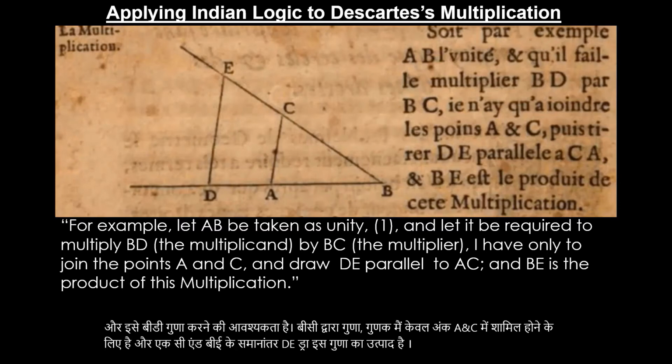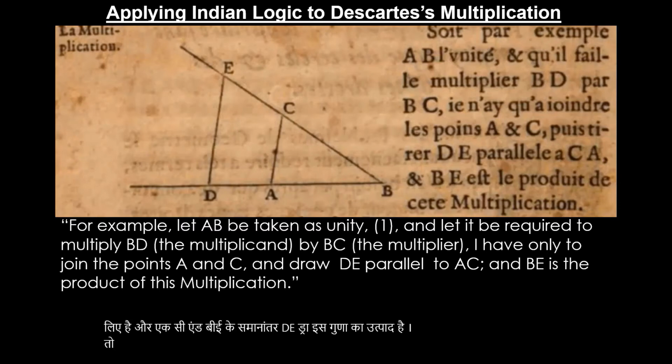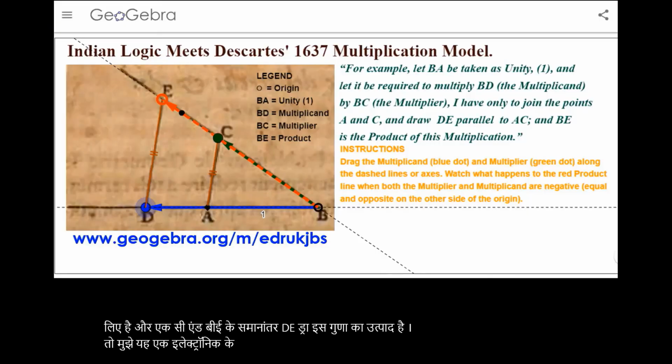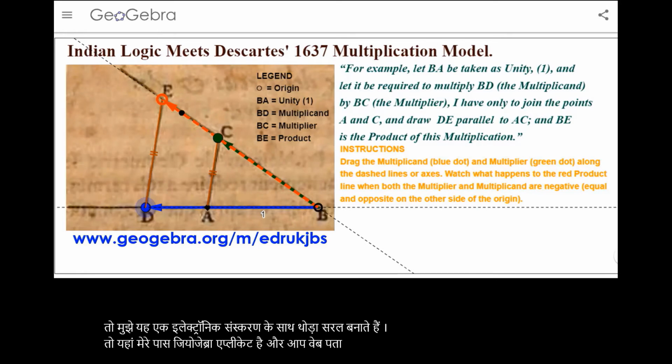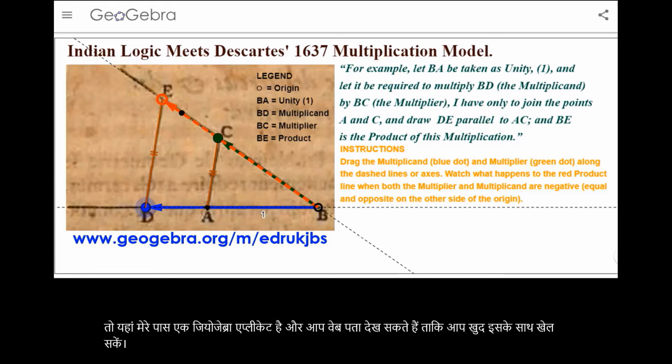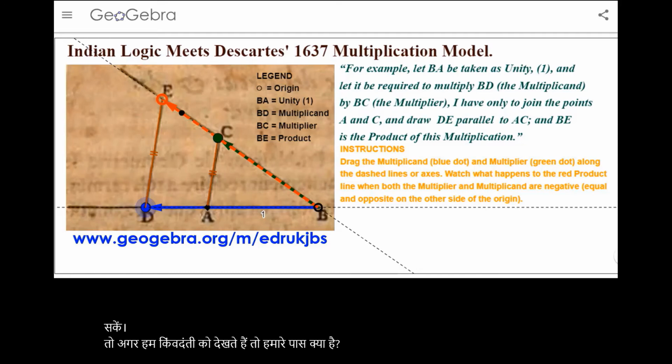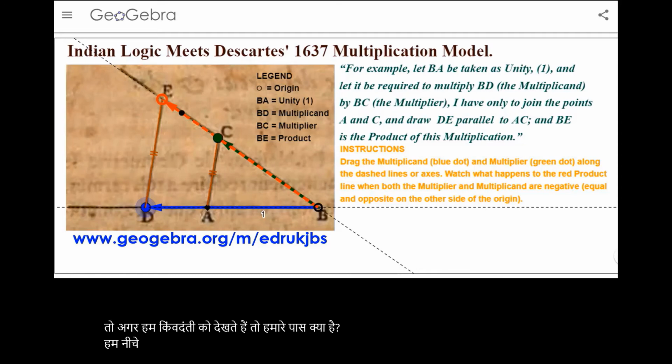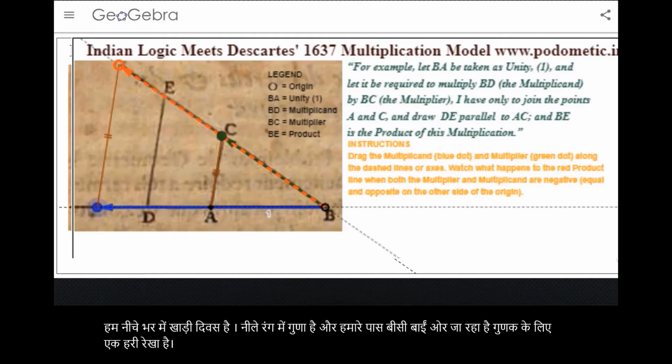So let me make this a little simpler with an electronic version. Here I have a GeoGebra app, and you can see the web address, so you can play with this yourself. If we look at the legend, we have BD across the bottom in blue as the multiplicand, BC going up to the left in green as the multiplier, and BE is the product.